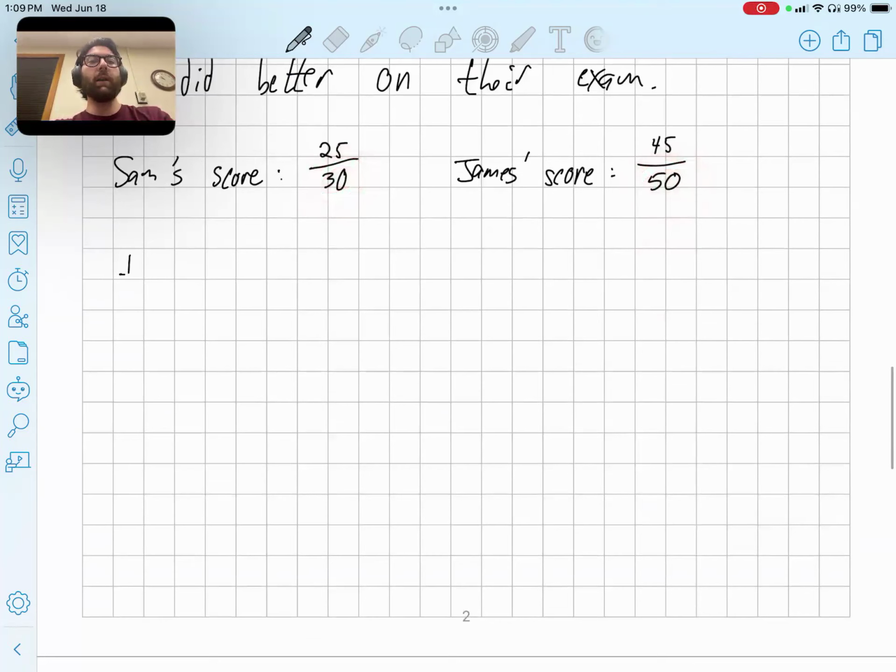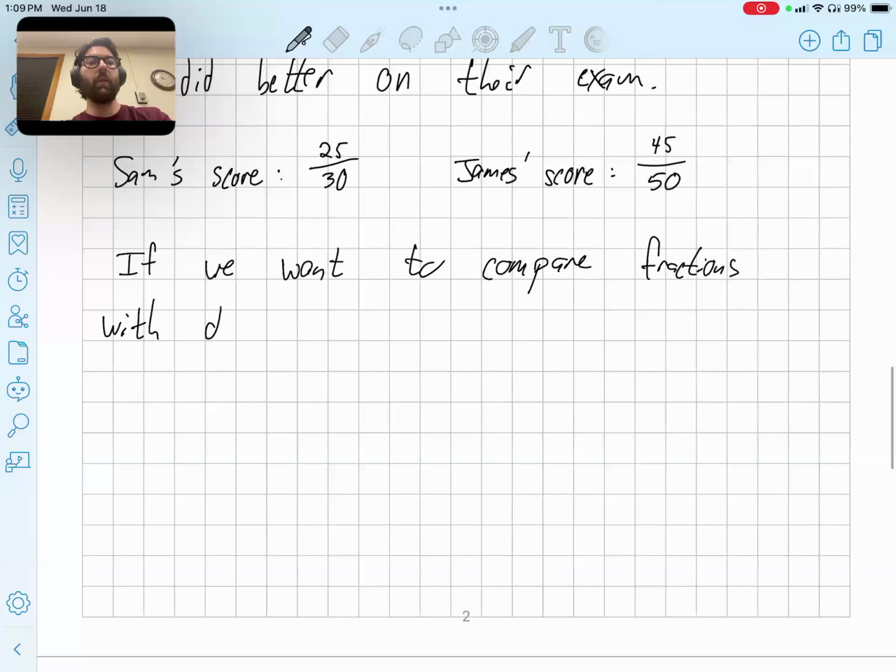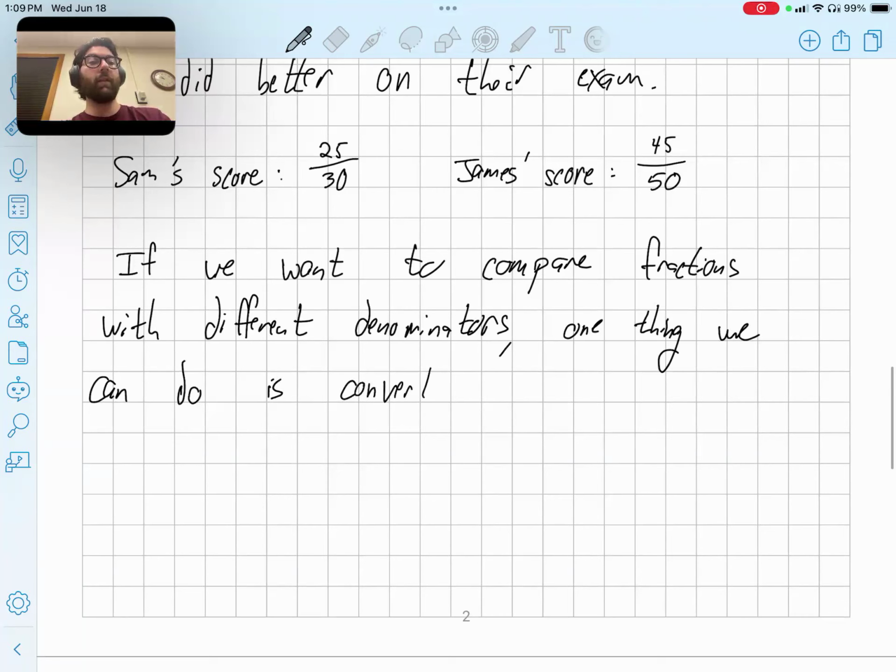And so if we want to compare fractions with different denominators, one thing we can do is convert them to percentages.